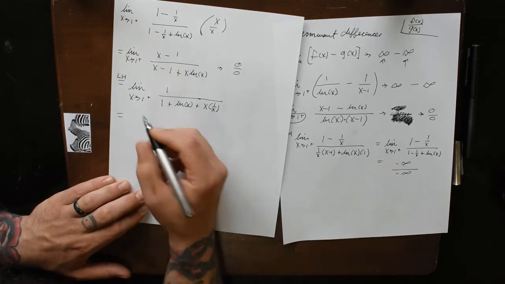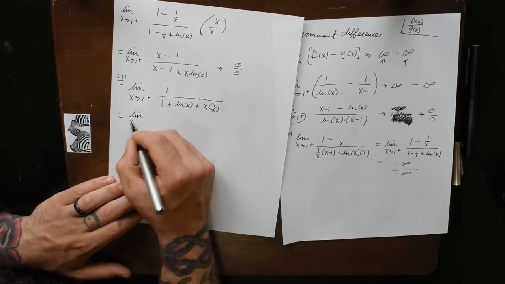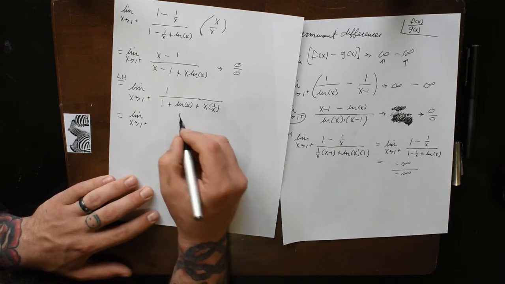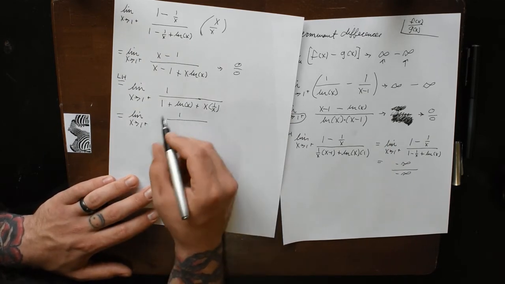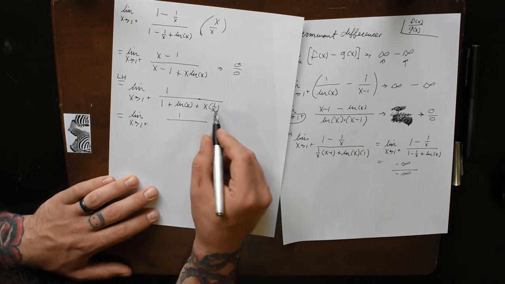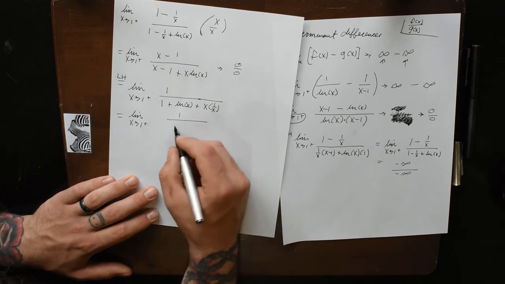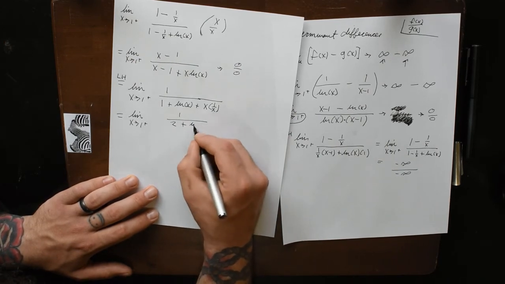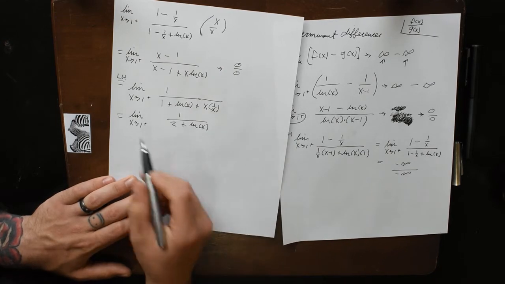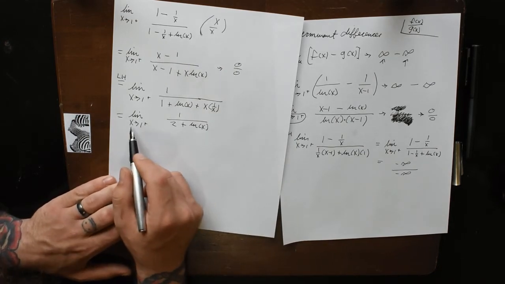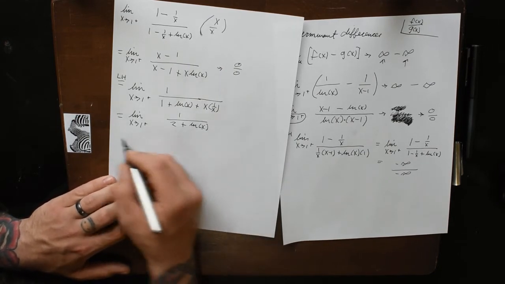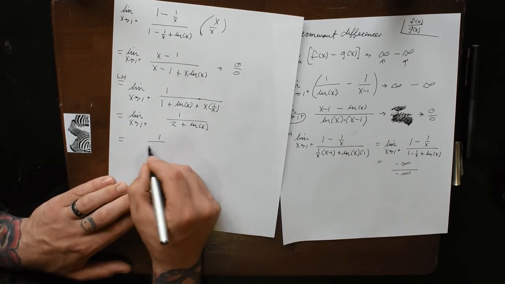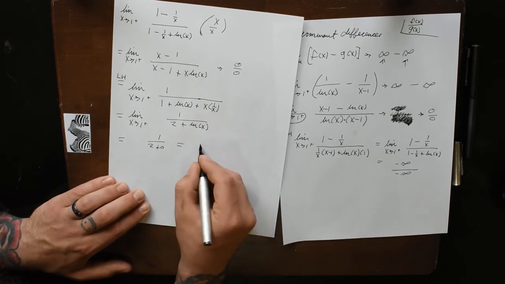So this is equal to the limit as x goes off to 1 from the right of 1 over, we have a 1 plus x divided by x is another 1, 2 plus the natural log of x. And now finally we can just directly plug this thing in. The natural log of 1 is 0, so this is equal to 1 over 2 plus 0, or 1/2.